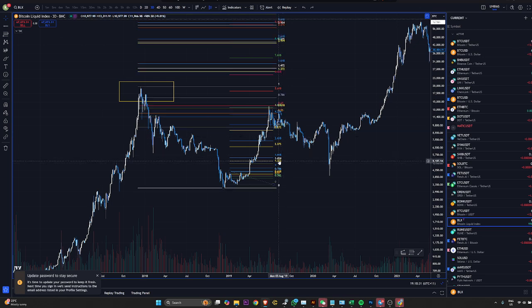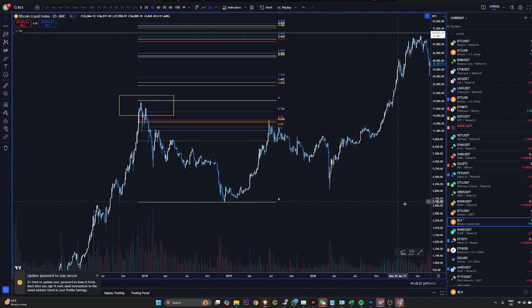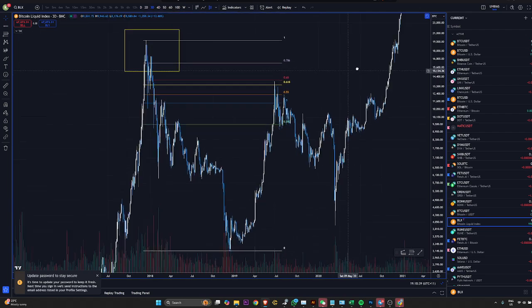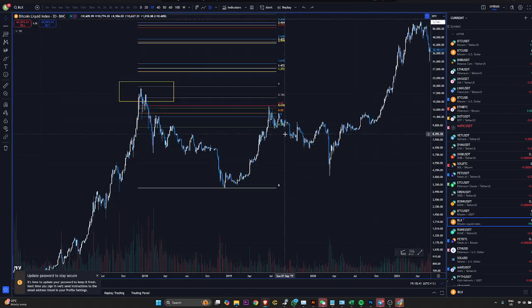When calculating 0.618 on Bitcoin, I tend to only use the non-log fib. There's confluence with the rebound zone and the trend-based fib extension.